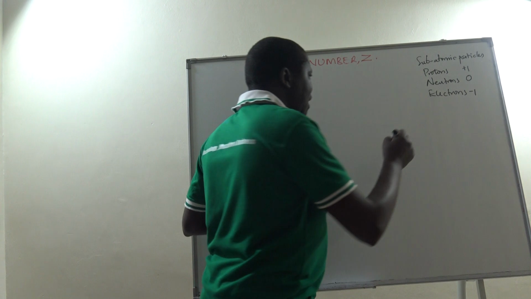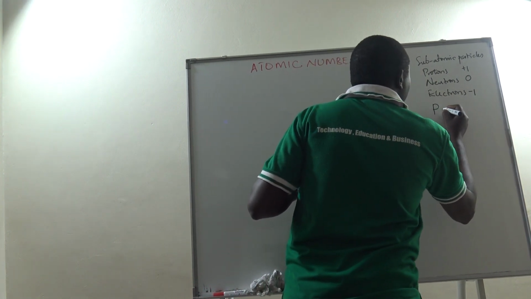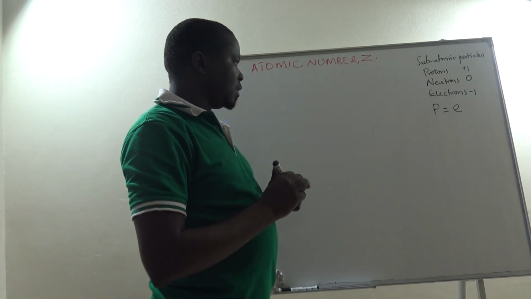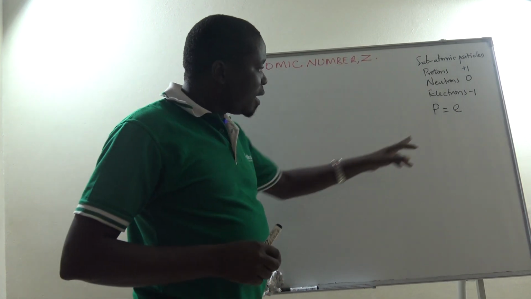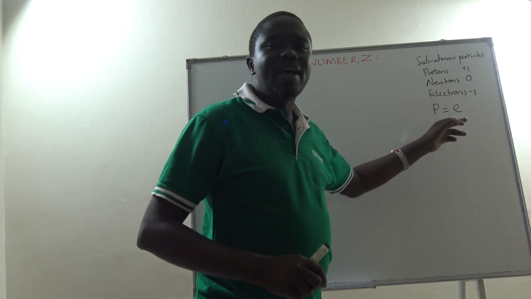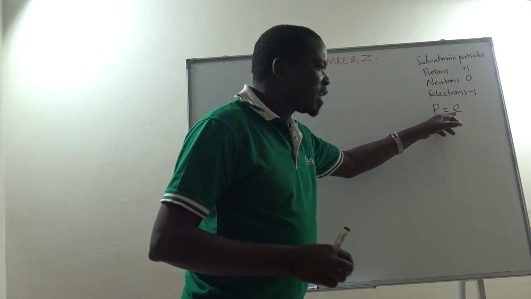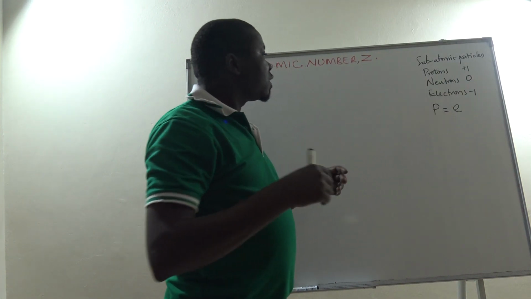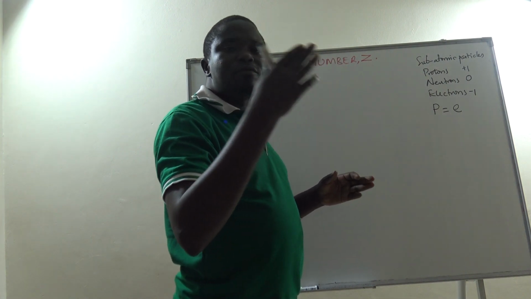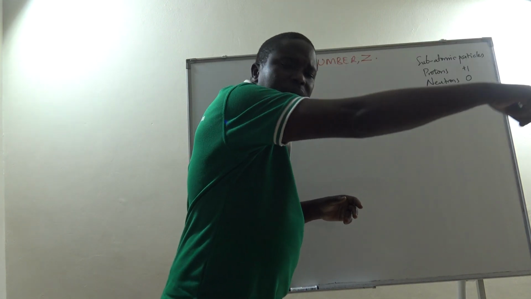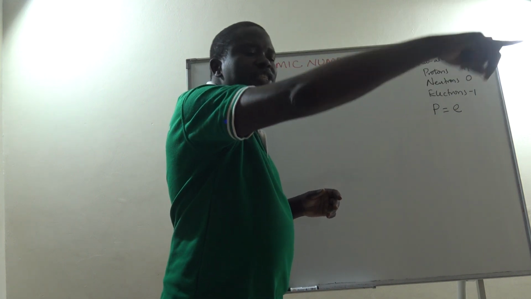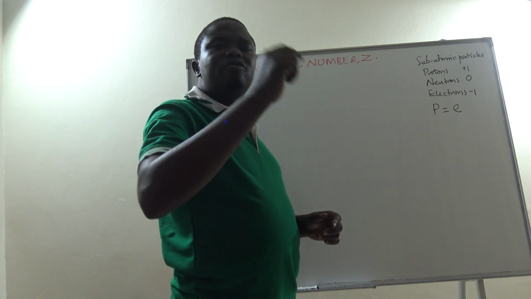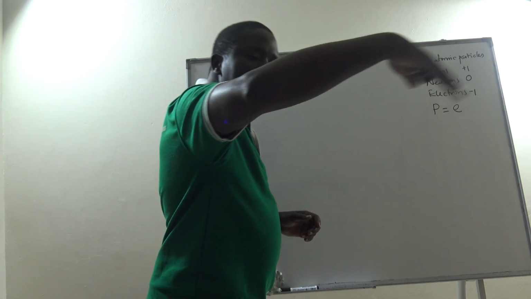Remember this one here, that the number of protons and electrons in an atom of an element are just what? Neutral in this case. But we have to know that there is a problem with the number of electrons, that in some instances electrons are lost, more especially during chemical reactions. So you find that electrons are lost from the last shell, which is farthest from the nucleus of an atom, which is called the extranuclear shell or the outermost shell.